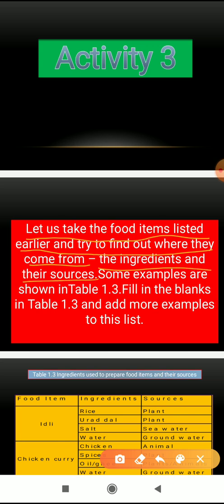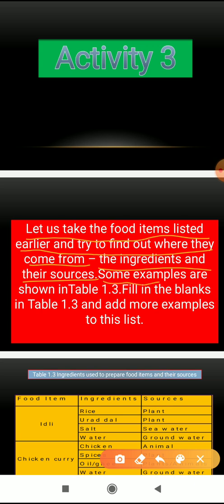In table 1.2 we listed the food items and the ingredients needed to prepare them. So we have to find out where these ingredients come from.